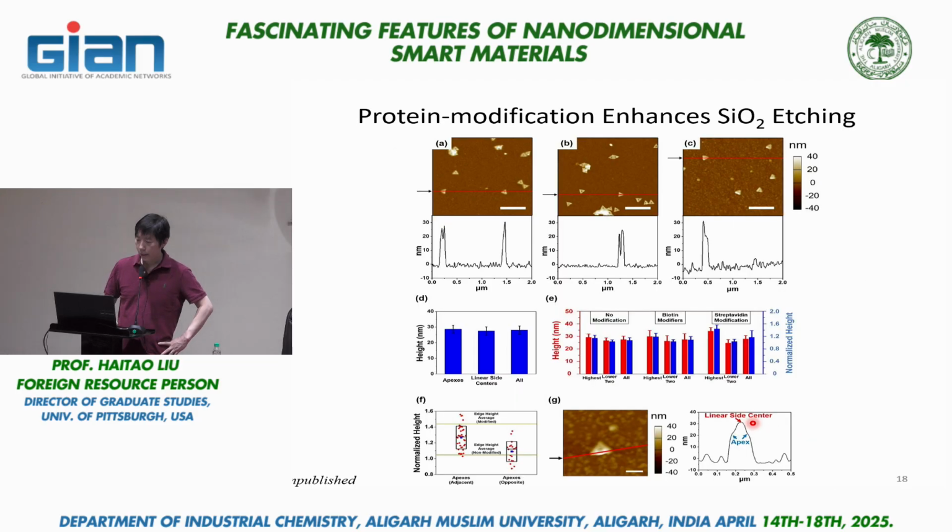So with this modified DNA structure, we are able to conduct the etching, and this is the polymer replica. Again, here you see one of the edges, this one, being higher than the other two. And if you look at the histogram, in this case, we're etching as deep as 25 to 30 nanometers. With the modified structure, we see about 10 nanometer enhancement of etching depth.